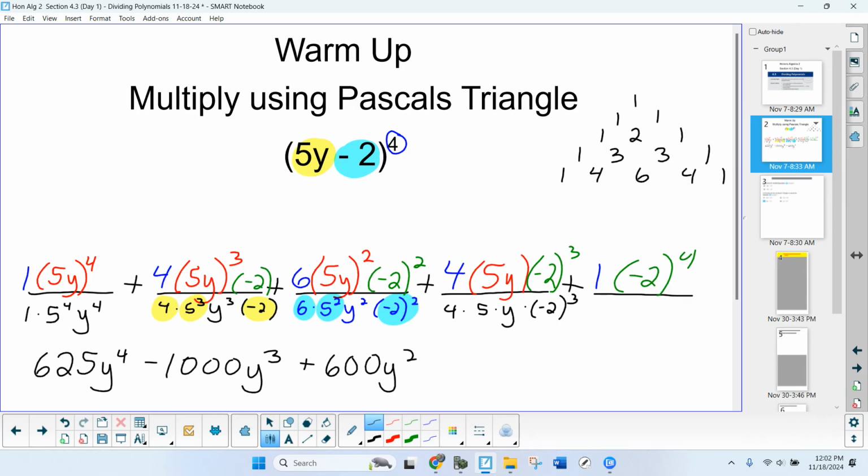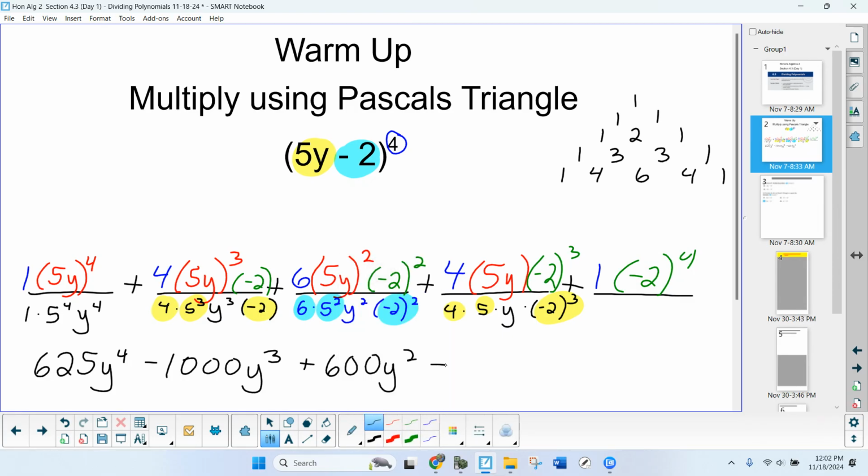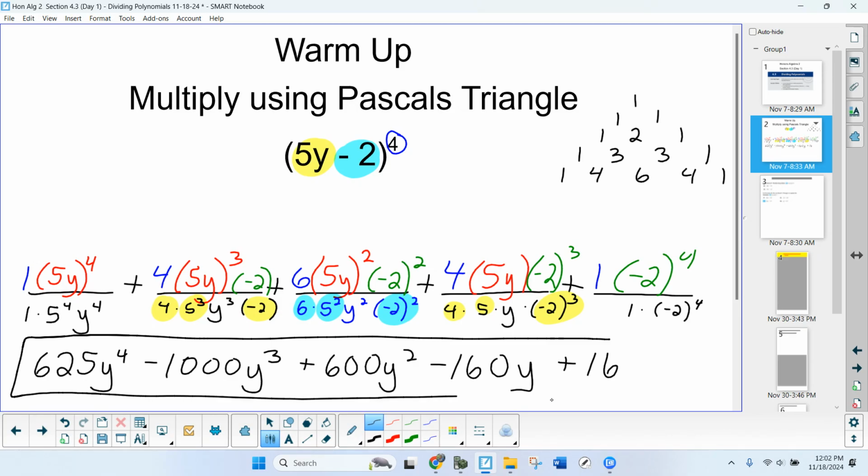So on this one, 4 times 5 times -8. And what do you get? -160 y. And then this is just 1 times -2. What do you get? Positive 16. Guys, this is a very good quiz-worthy problem on Pascal's triangle for Friday.